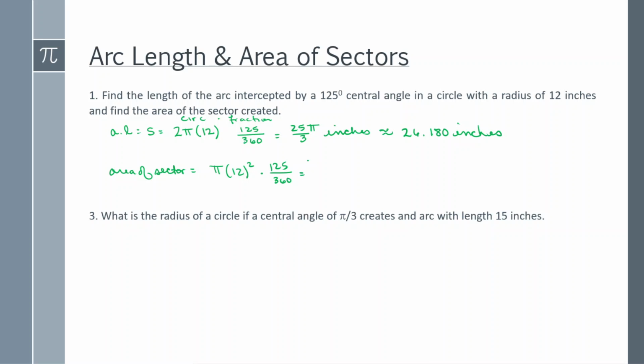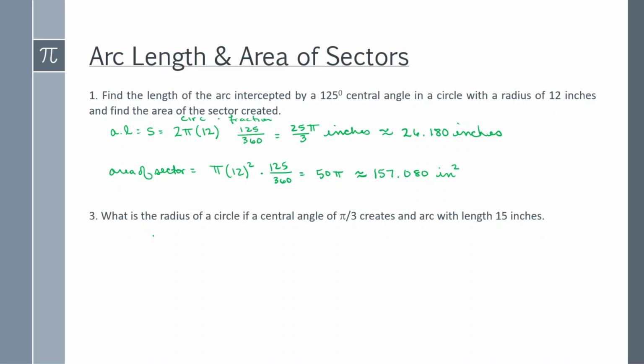So I'm going to do 12 squared times 125 divided by 360, and I end up with 50 pi. That would be approximately 157.080 inches squared, because now this is an area.